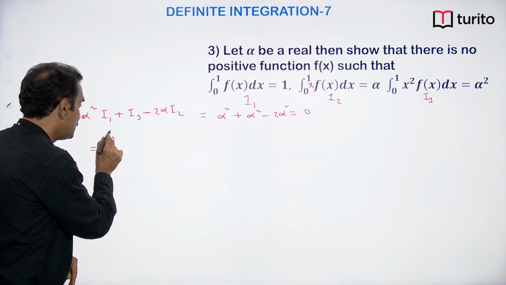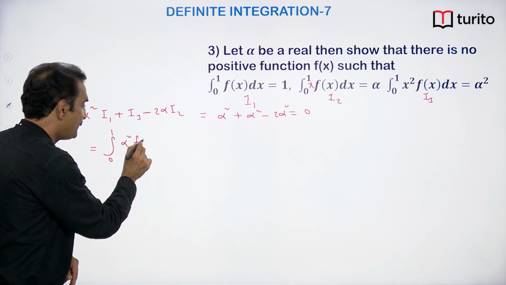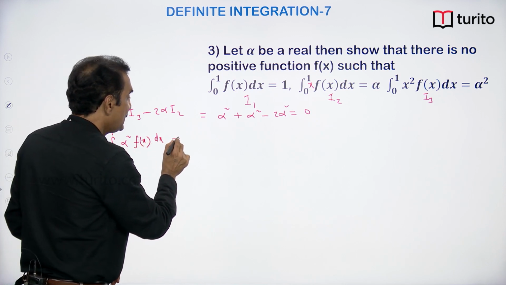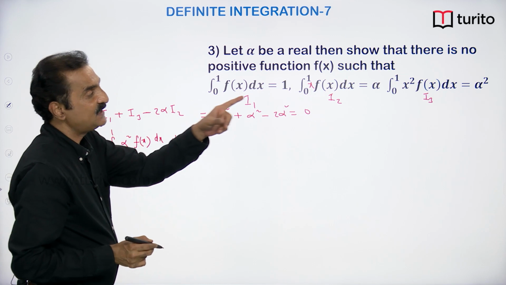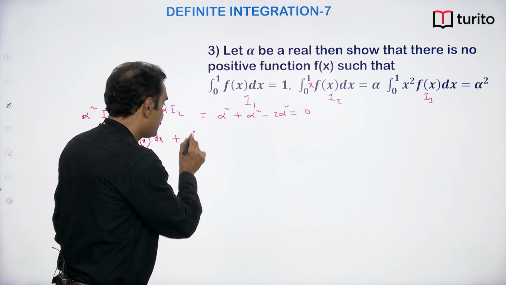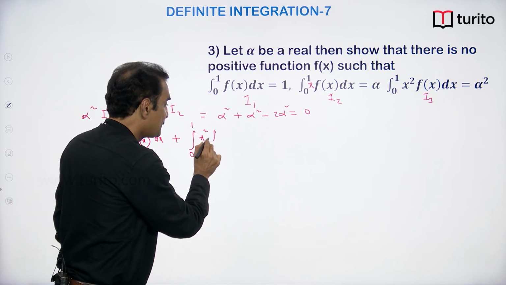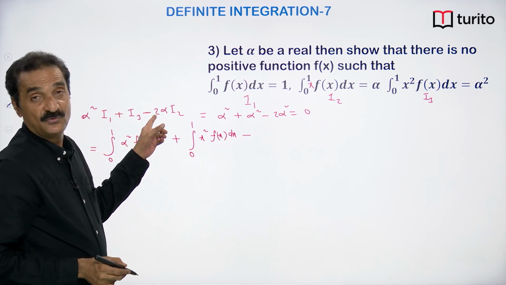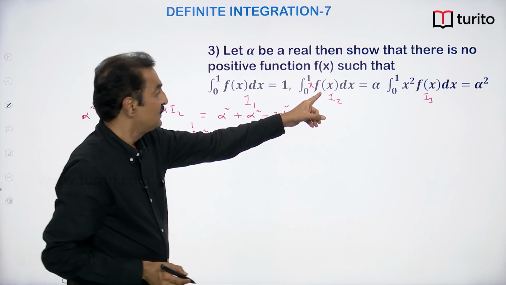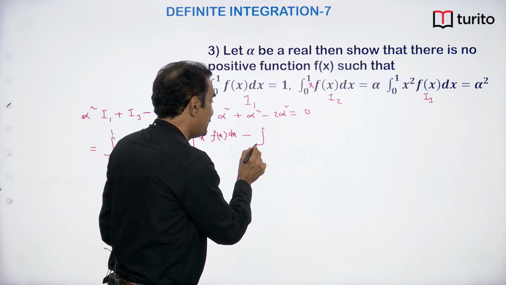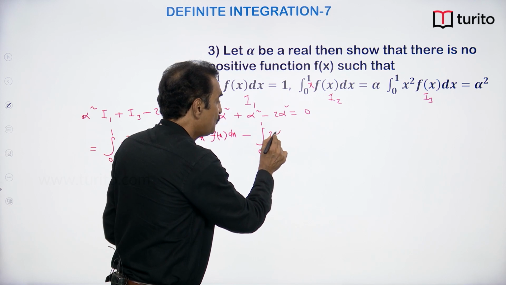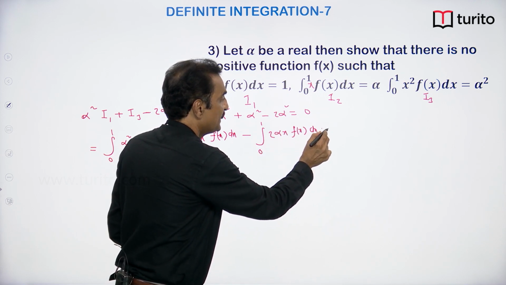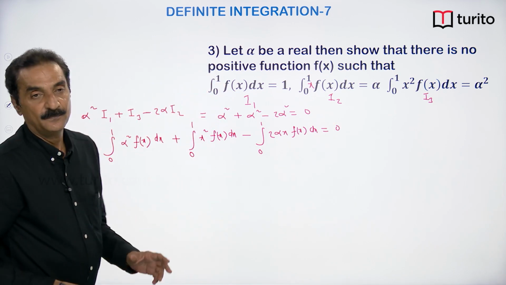Now, what is this alpha square I1? Integral 0 to 1 alpha square f of x dx. Second is I3. I3 is integral 0 to 1 x square f of x dx, minus 2 alpha I2. This multiplied by 2 alpha will be integral 0 to 1 2 alpha x f of x dx is equal to 0.